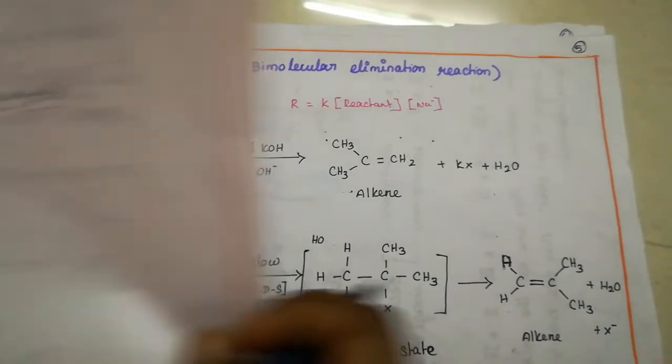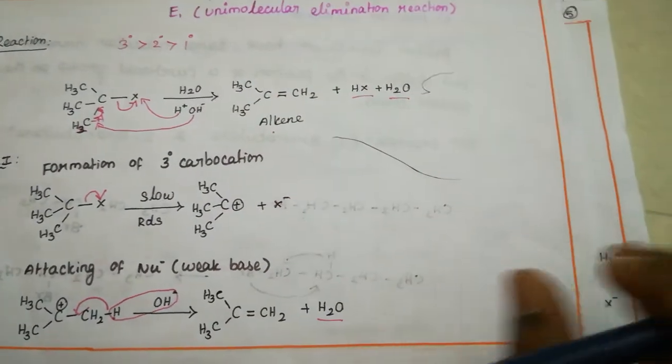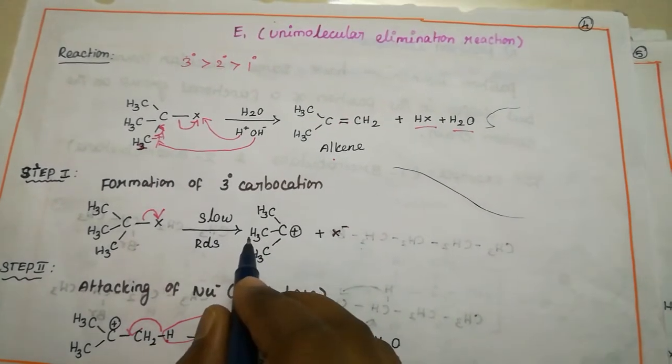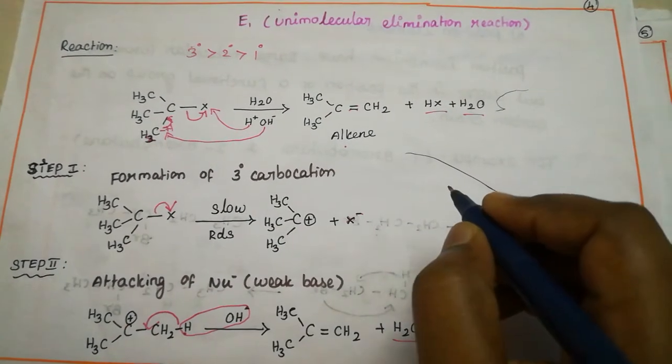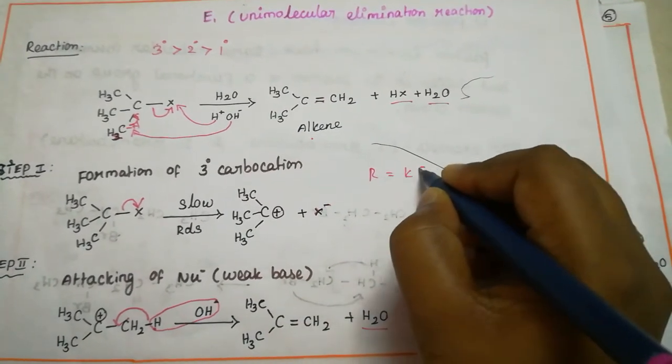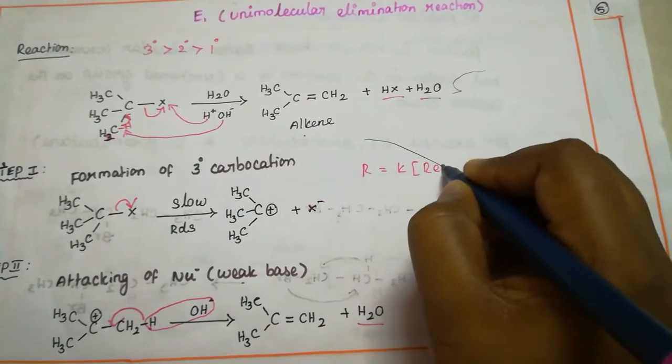Here in E1 elimination, only the reactant is involved in the rate determining step. So the rate is equal to K into reactant.